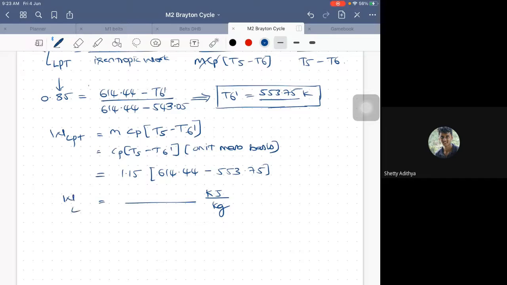So the work done by the low pressure turbine is equal to 69.79. Can I approximately take it as 70 kilojoules per kg?